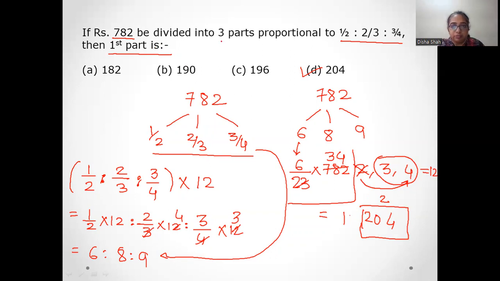A will get the first part, which is nothing but 204. अगर उसी तरह से सेकंड पार्ट निकालना है, तो आप क्या करोगे? टोटल इज 23 और उसमें से सेकंड पार्ट इज 8, दैट यू हैव टू मल्टीप्लाई विद 34. इसका आंसर जो आएगा दैट इज दिस.